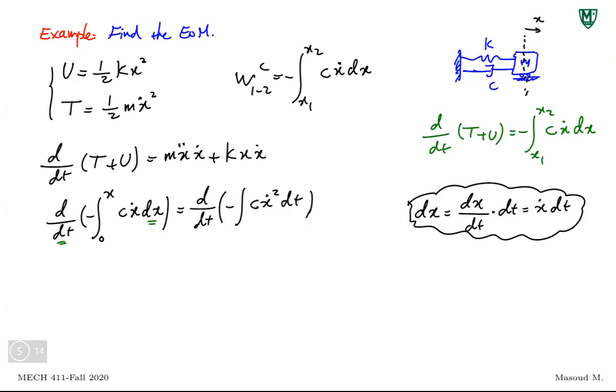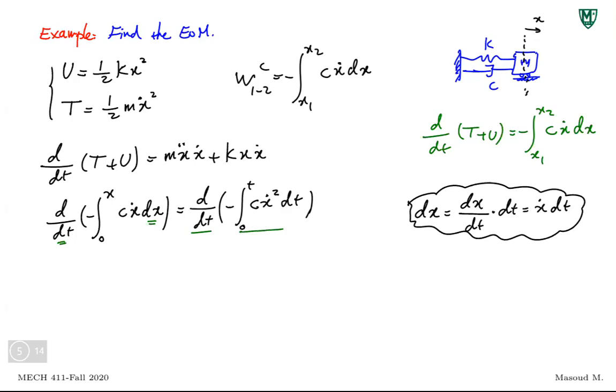Now I have to look at the limits for the integral. Since I went from x to t, the limits are also going to change. Instead of 0 to x, now I have 0 to t, the time that I get to position x. Now it is much easier. I'm taking the derivative with respect to time, and I have an integral over time.